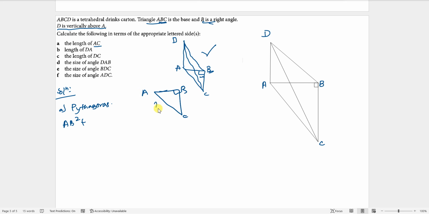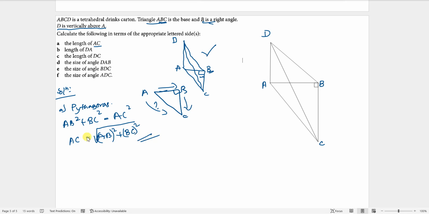So AB square plus BC square equals AC square. So we can write AC equals root over AB square plus BC square. Put it in brackets. Okay, that's the answer. That's it.